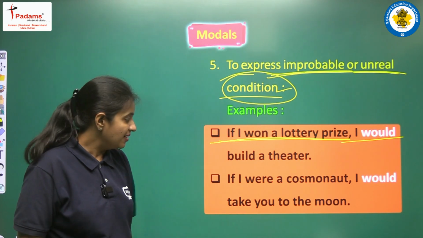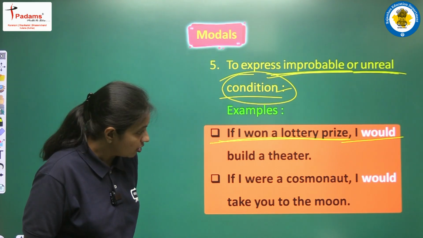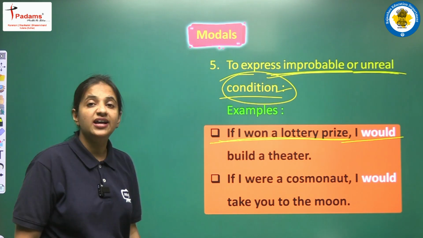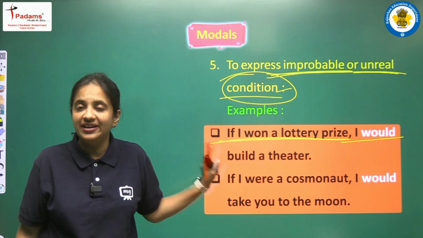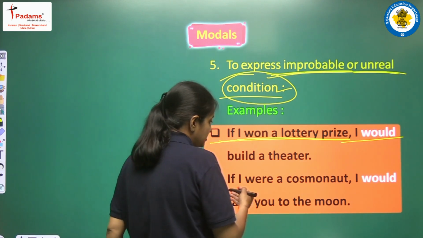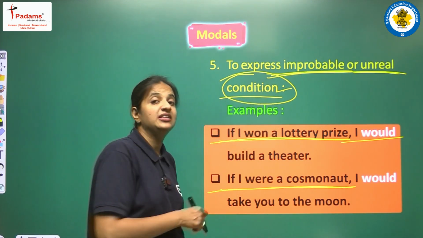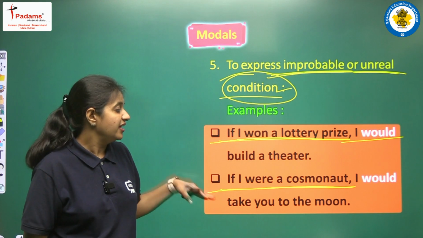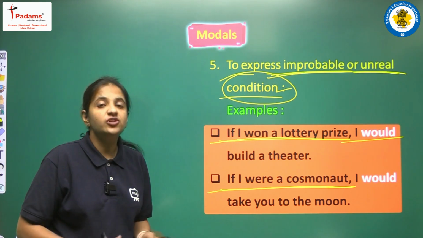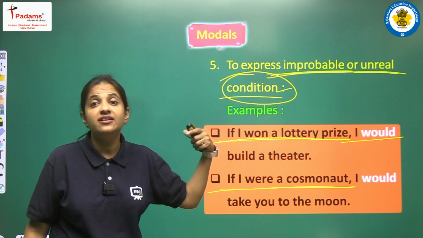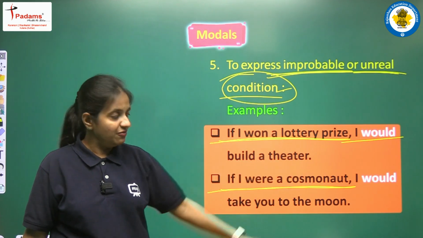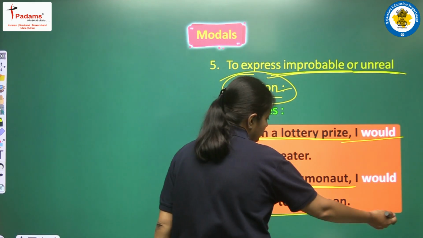Okay. Second example, if I were a cosmonaut, I would take you to the moon. Again, a very unreal condition we have here. So this is the condition clause in which we have the condition, and we are saying that if I were a cosmonaut, next we show the result with the help of would, and we say that I would take you to the moon.